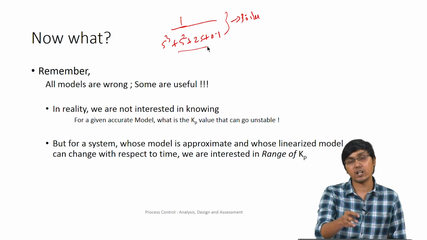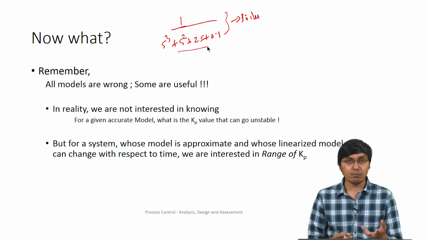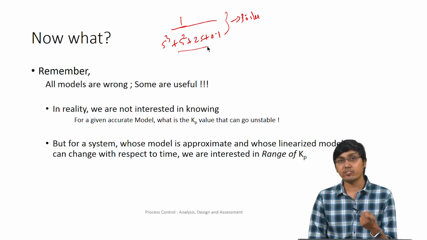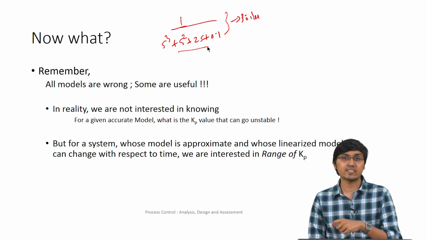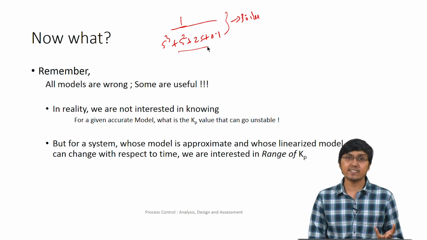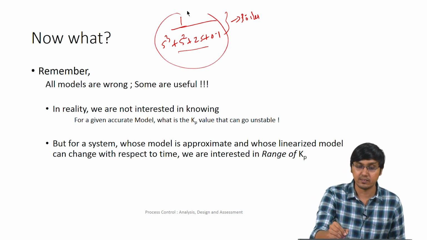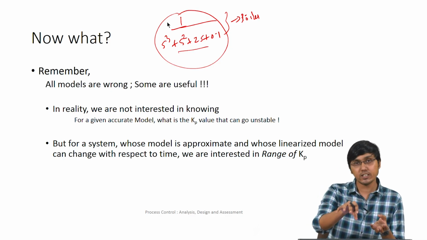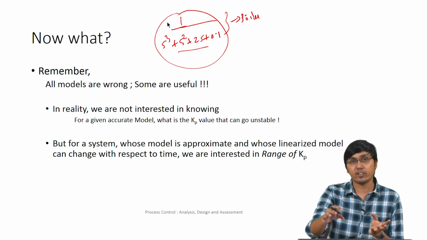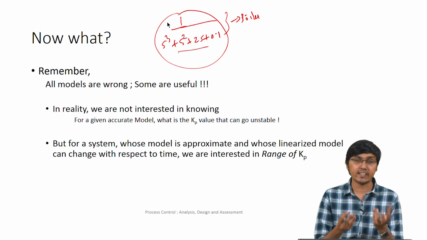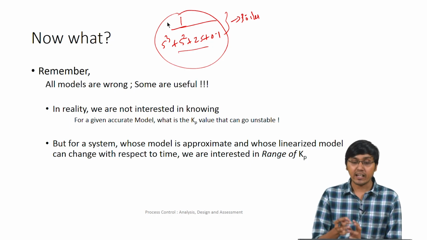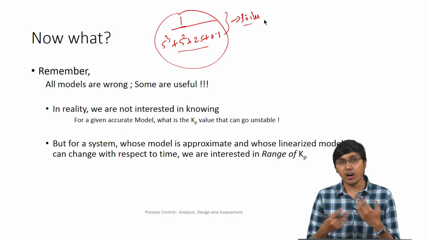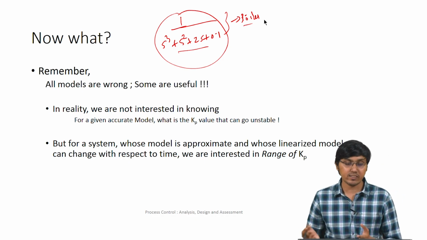So with this approximation, if I find a Kp value, we do not know whether that particular value of Kp is exactly where it goes unstable. All this does not make sense when the model itself is an approximation. So we can say Kp somewhat closer to 1.9 will go unstable, but we do not know exactly at what Kp, or how the system will behave. Even if this is a linear system, the boiler itself may not be linear. There are a lot of approximations and assumptions.